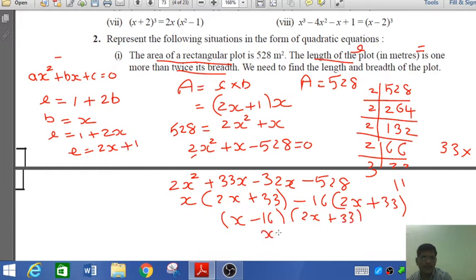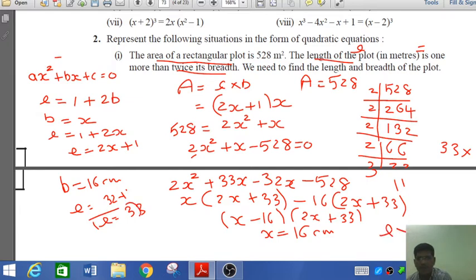So my breadth is 16 centimeter. If breadth is 16, then length is 16 twos are 32 plus 1, 33. If I multiply L with B, 16 multiplied by 33, I will get 528. That is our answer.